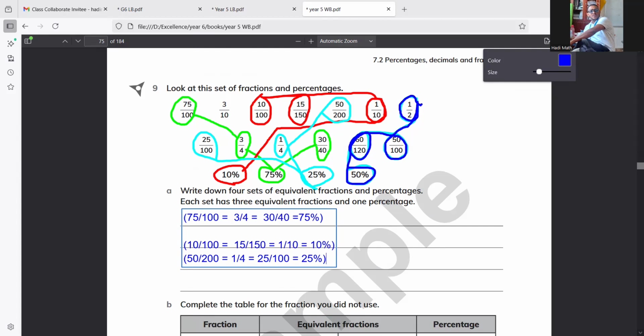Those are the groups for each one of them.